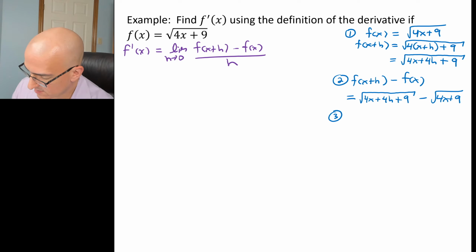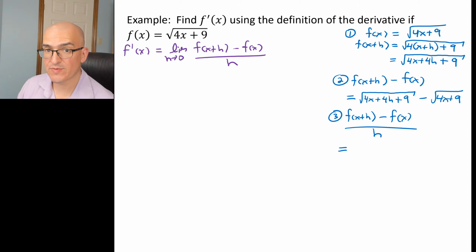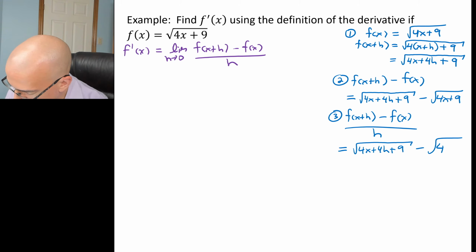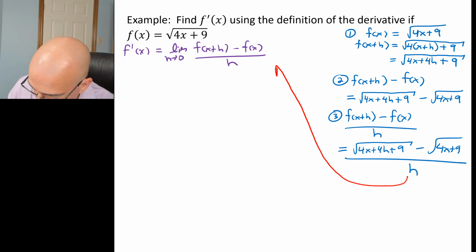Step 3, f of x plus h minus f of x all over h. Not much we can do there either. Square root, just going to copy it. 4x plus 4h plus 9 minus the square root of 4x plus 9 all over h. Now I'm going to continue up above. I'm going to plug that into the limit.